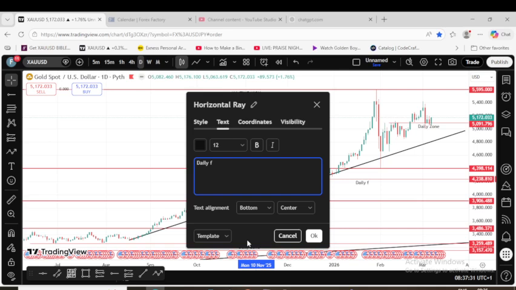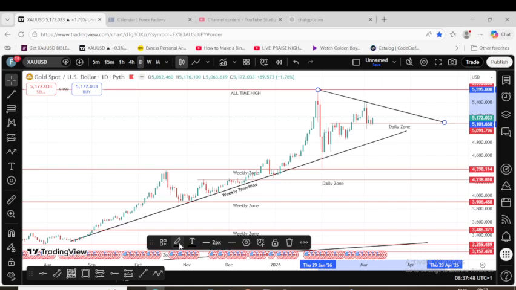So we can see a very clear bearish trend line like this. Let's change the shade. This is our daily trend line.